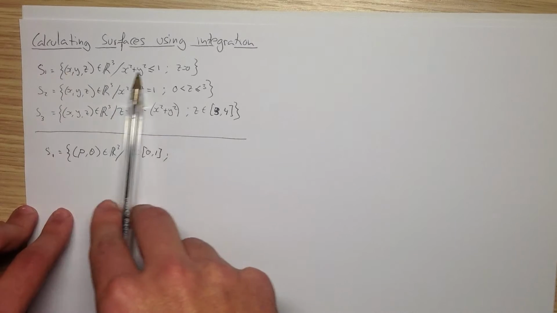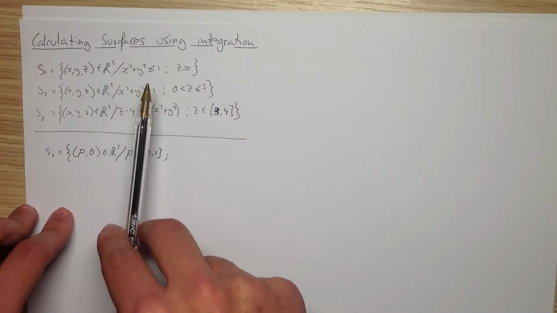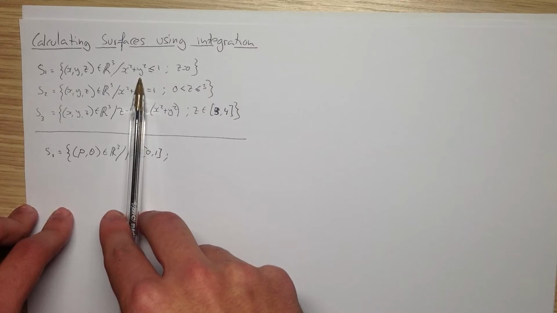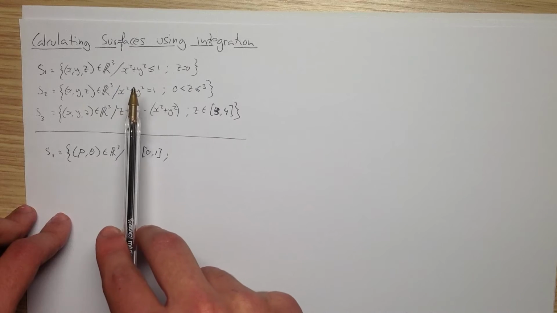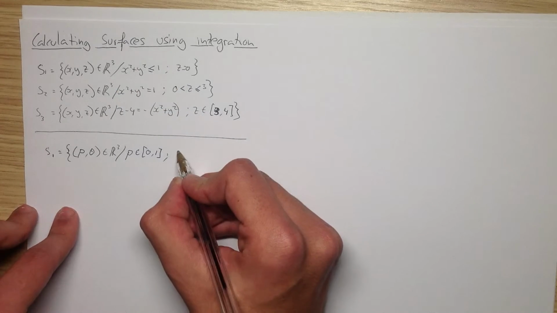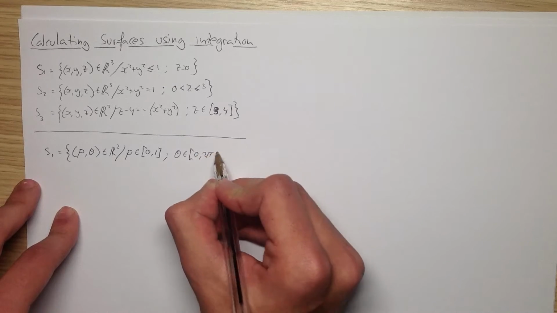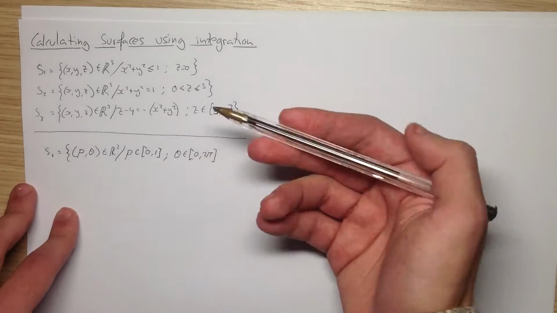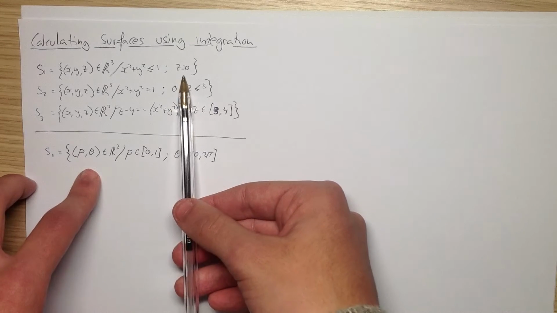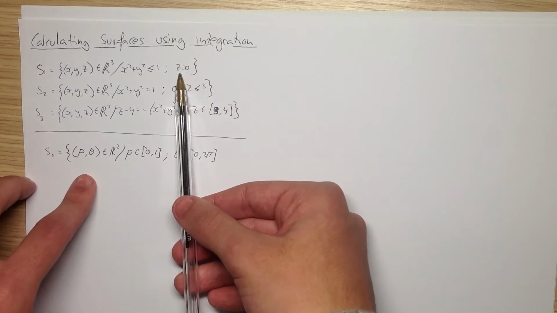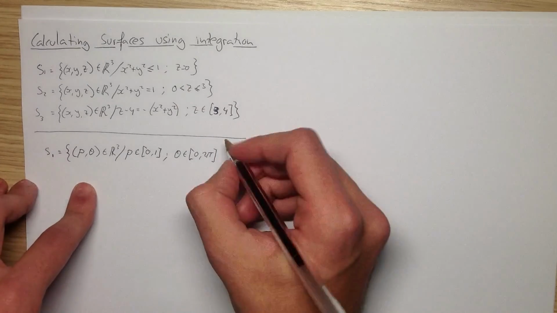As in this domain theta does not appear, it means that this is a revolving surface, which means that theta can take any value from 0 to 2 pi. So theta is in the interval between 0 and 2 pi. We could put z also, but as it's 0, it's not important, so we're going to leave it like this.